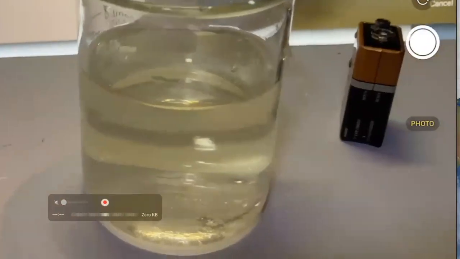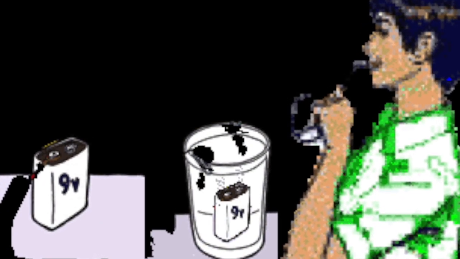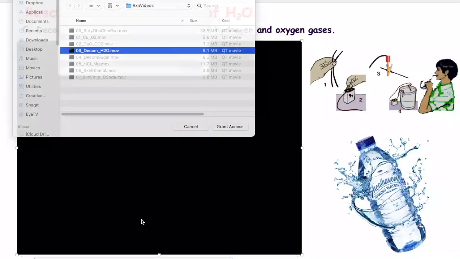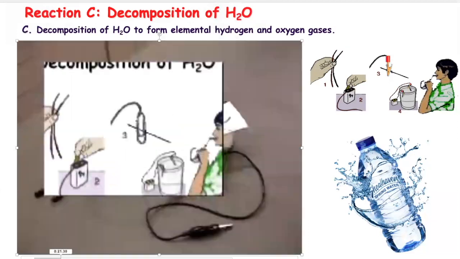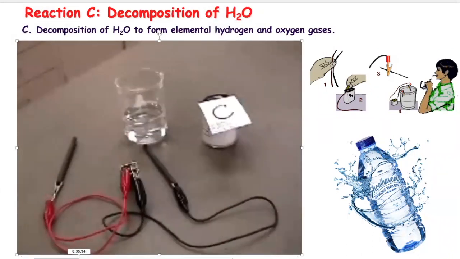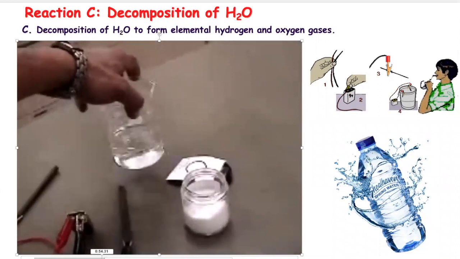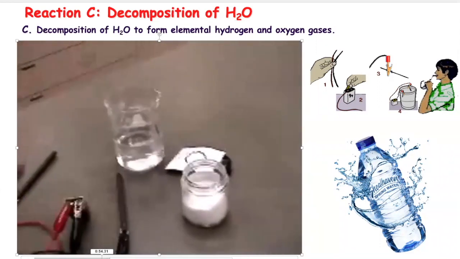Let me show you the movie so that you guys can see what it looks like when we do it in the lab. And when we do it in the lab, we are much more sophisticated than just dumping in a battery in there. We actually put in the electrodes, and then we use carbon graphite as our electrodes. Dumping in the battery just makes it so much easier. You don't have to worry about extra equipment.